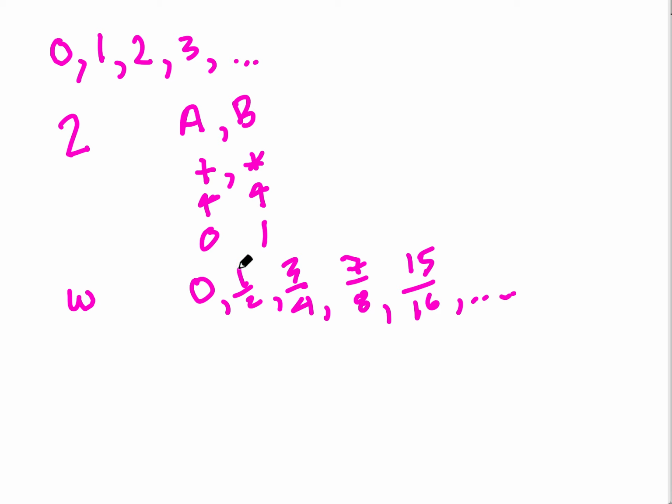We can order these, and we associate 0 with the first, 1 with the second, and so forth, like we did up here with 2. Omega is an ordinal that denotes how we've ordered this.